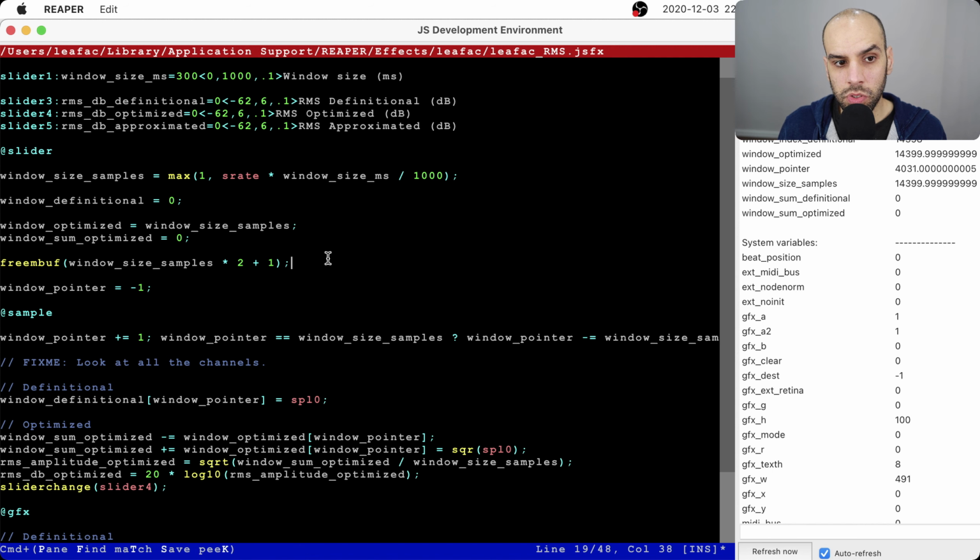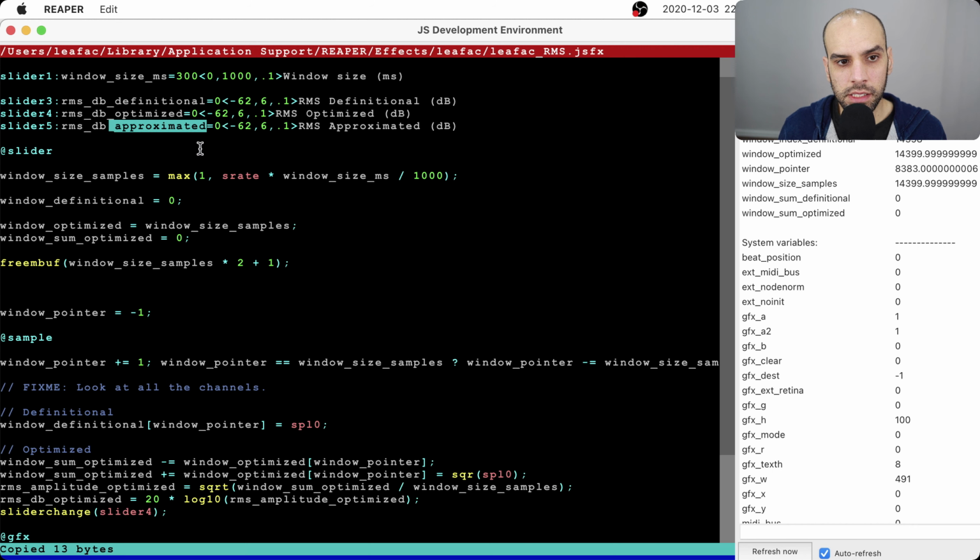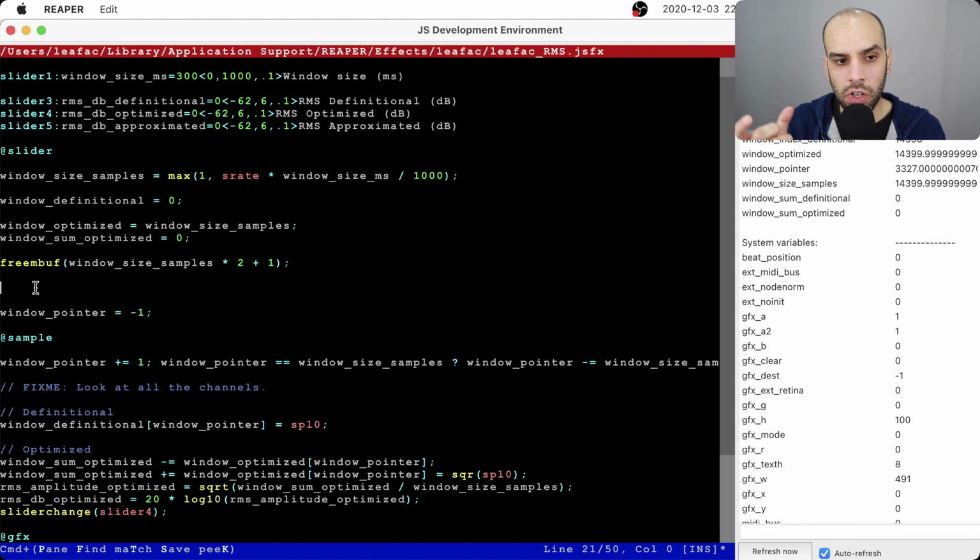In fact, I was thinking maybe I can define this variable here on the bottom of this free mbuff to make sure that it is clear that we don't really have a window here. Well, I'm going to follow the convention and leave approximated as the suffix for all the variables.